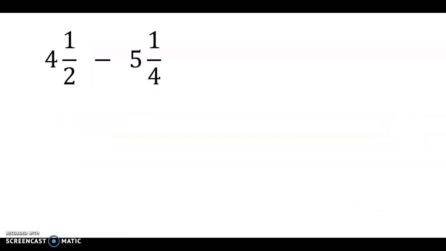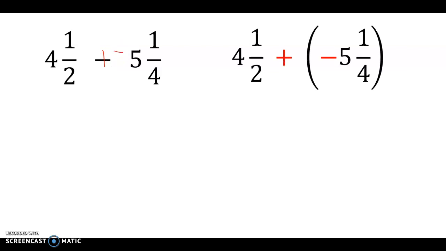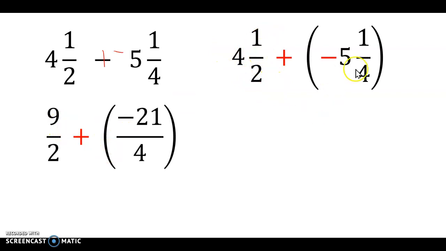All right, next one. First thing we want to do is change it to addition. So if you just make your two little marks on your paper, you go plus, negative, or you can rewrite it like this, plus, negative. Then change them to improper. 4 times 2 plus 1, 9. 5 times 4 is 20, plus 1 is 21 over 4.